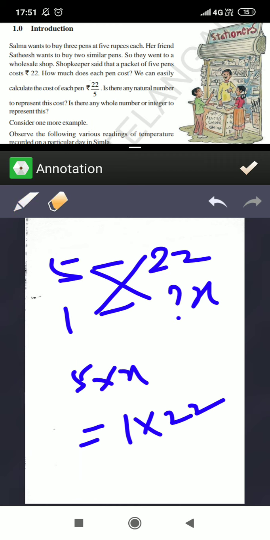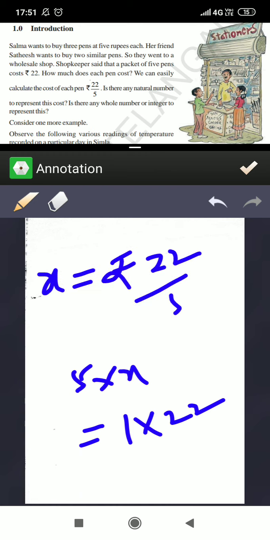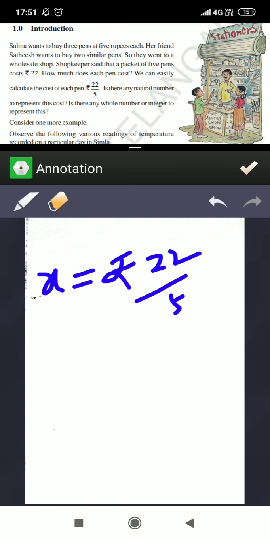Now from this, x is equal to rupees 22 by 5. I hope you know the conversion to decimal numbers. How much is 22 by 5? Calculate it.